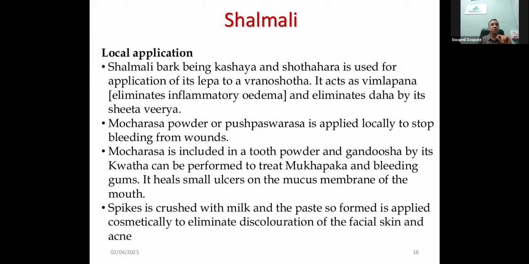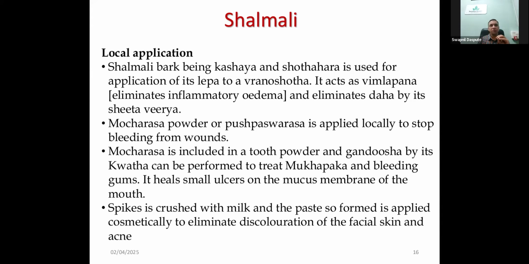So Mocharasa, you have to make sure that it is preserved and stored properly in your clinic. The containers which are used are clean, and it is checked regularly. Usually resins and gums do not spoil unless the containers are not clean or they are not properly stored.